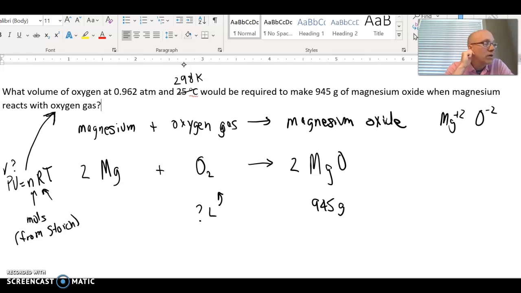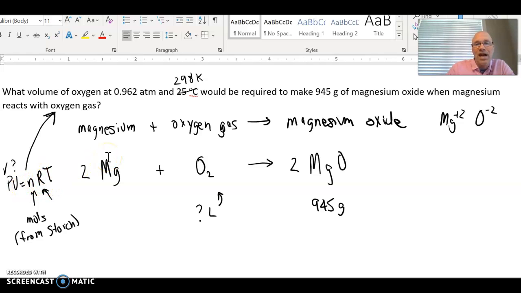So that's going to be 298 Kelvin. Once we know the number of moles of oxygen gas, which we can figure out from stoichiometry, we have everything that we need in order to solve this problem.